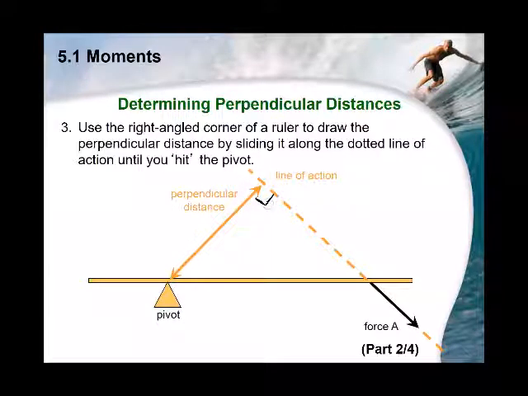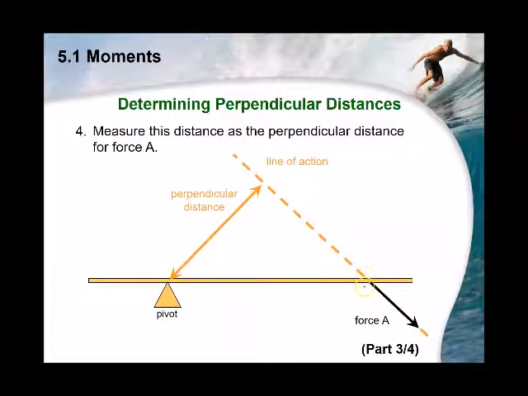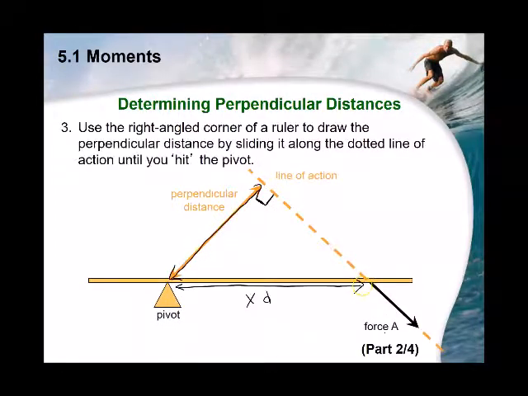So for this scenario, the perpendicular distance is from here all the way to here. It's a very common mistake some students make to say that the perpendicular distance is still like this. This one is wrong. This perpendicular distance is only valid if the force is acting perpendicularly, like that or like that.